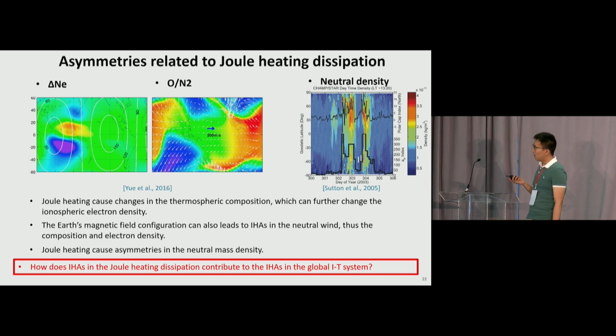We also have one or two related talks about the interhemispheric asymmetries in the thermosphere compositions in the morning session, as well as their consequence in terms of the ionospheric electron density. However, a more comprehensive understanding of how the interhemispheric asymmetries in the geoheating lead to the interhemispheric asymmetries in the global IT system is still needed.